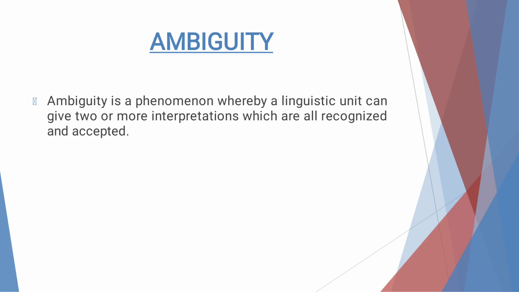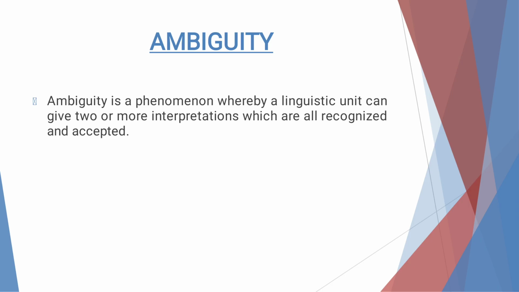Ambiguity occurs whereby a grammatical or a linguistic unit could give two or more interpretations. The emphasis is on two or more interpretations.